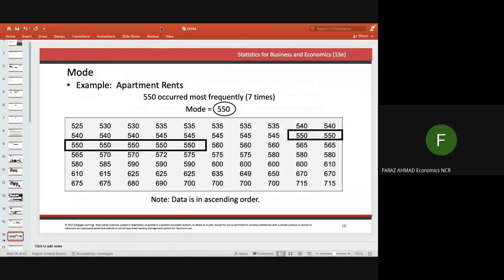So in this case, if you see all the values in apartment rents, you would see 550 is repeated 1, 2, 3, 4, 5, 6, 7 times, right?